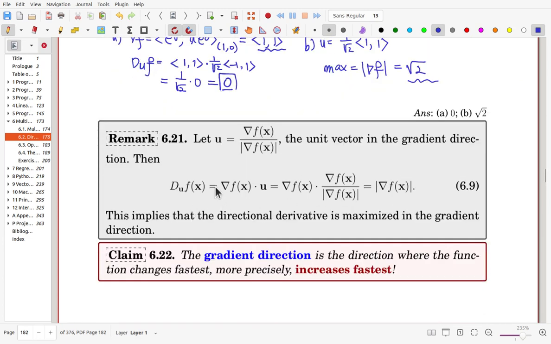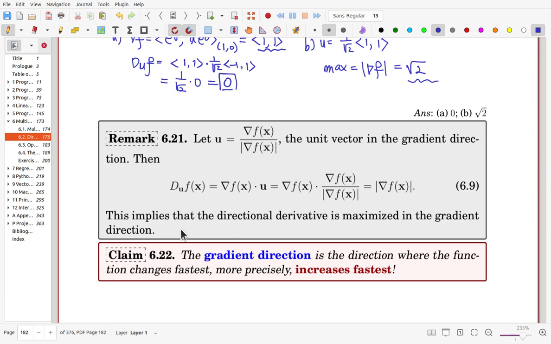Let's see here: if we choose u in the direction of the gradient, the unit vector in the direction of the gradient, then D_u f is gradient of f dot u, and this dot product gives the norm of the gradient of f squared over the norm, so one norm is cancelled. This implies that the directional derivative is maximized in the gradient direction.